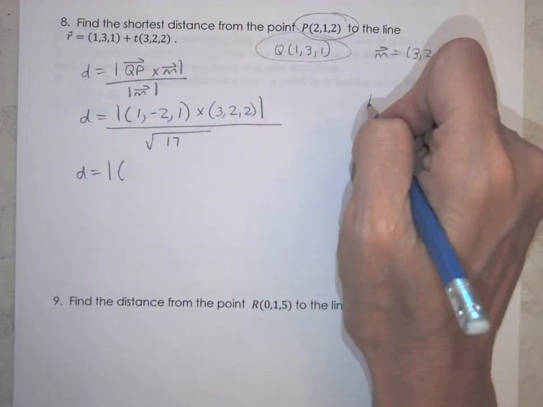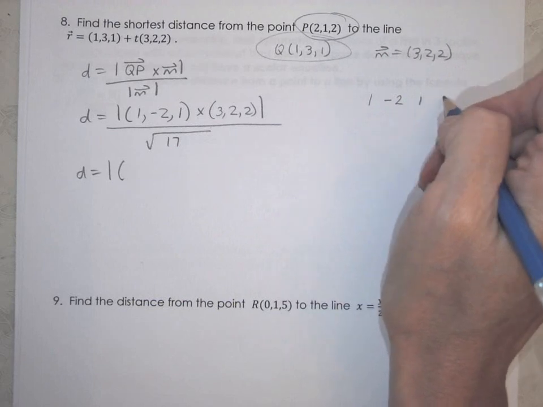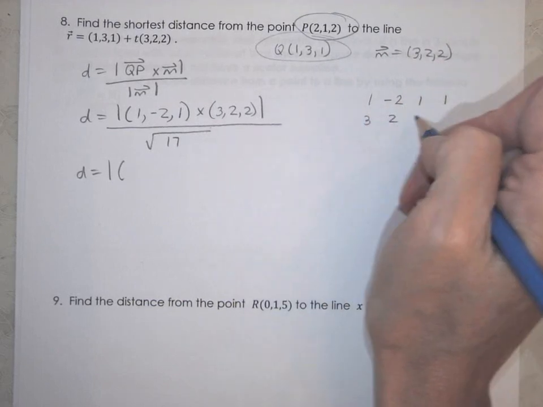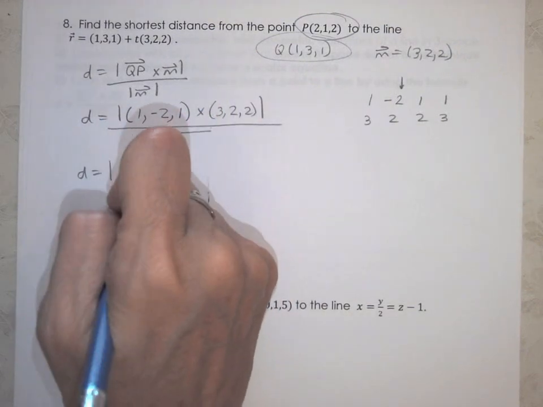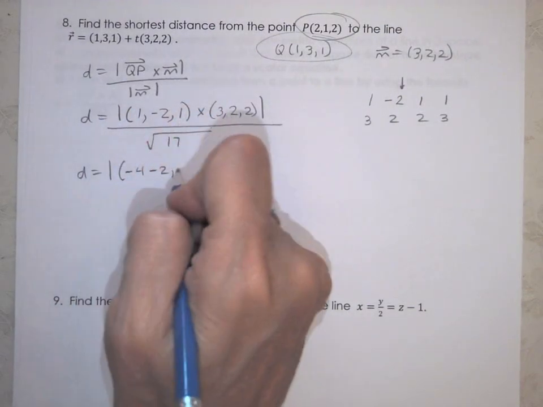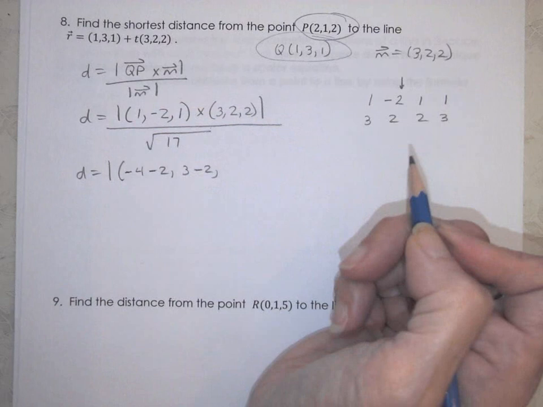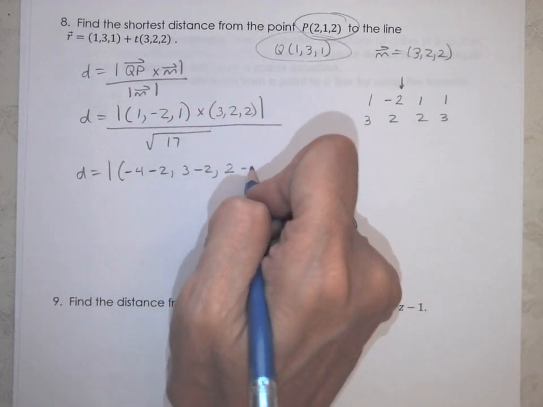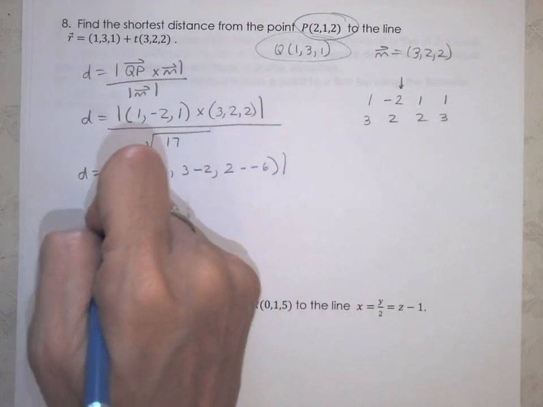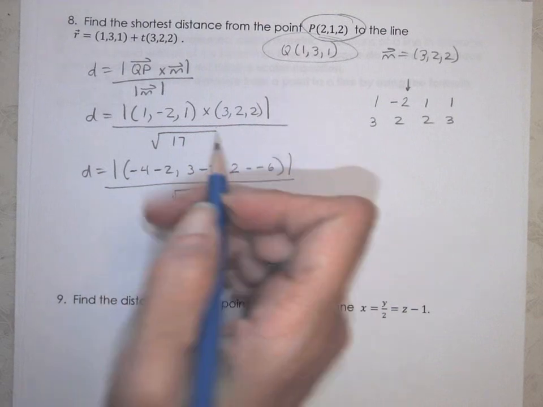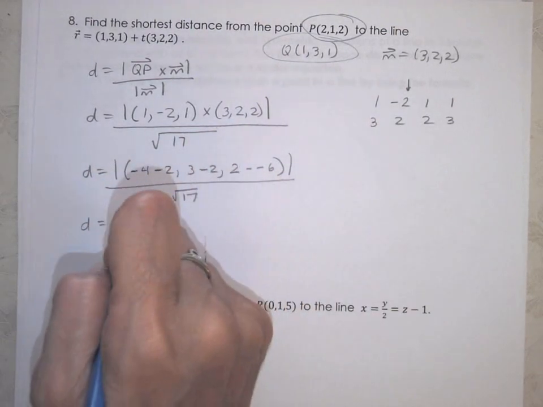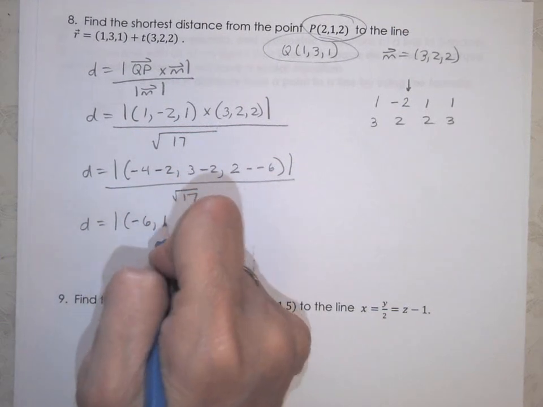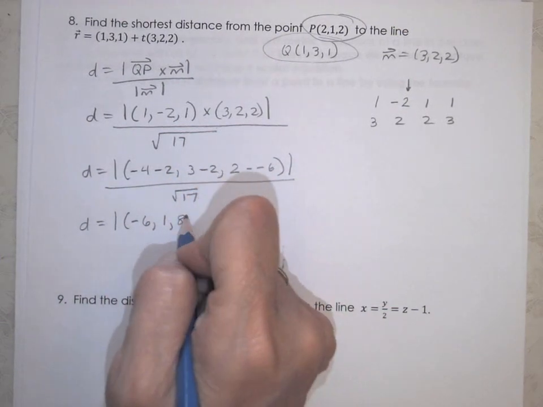Then I'm going to do my cross product. So it's going to be -4 minus 2, 3 minus 2, 2 subtract -6. Magnitude of the vector (-6, 1, 8).